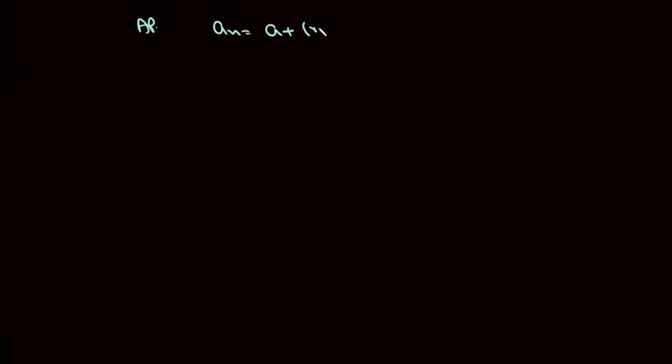Now the general term of an AP is written as a plus (n minus 1) into d, which is linear in n. So if we have any sequence whose terms are linear, then that series will always be an AP.